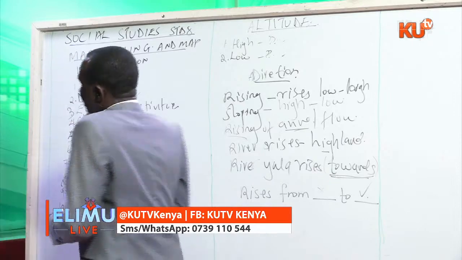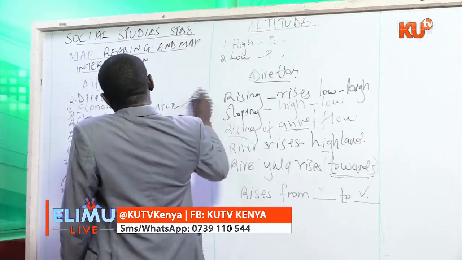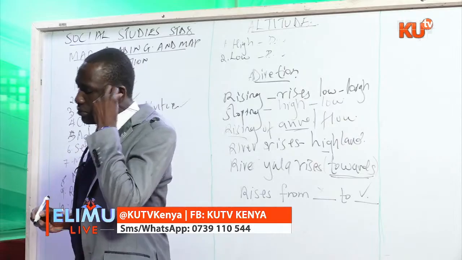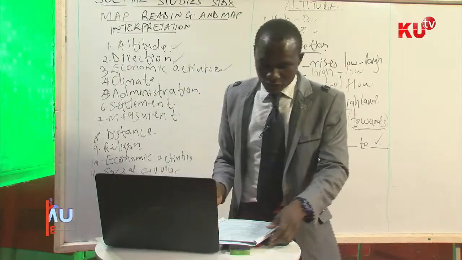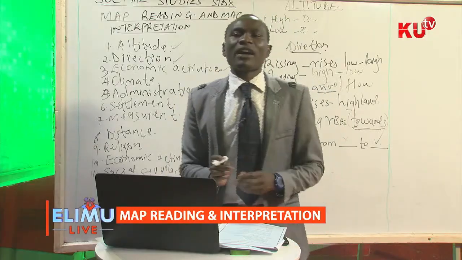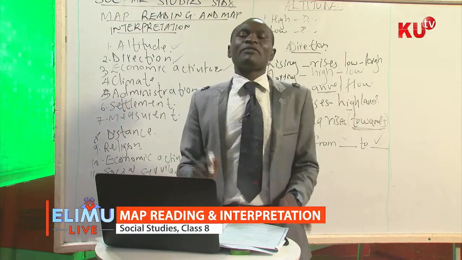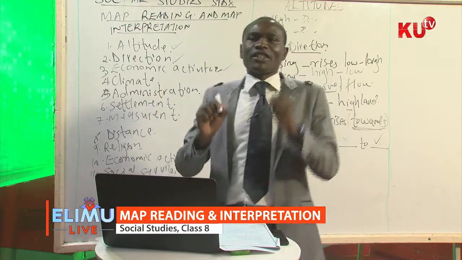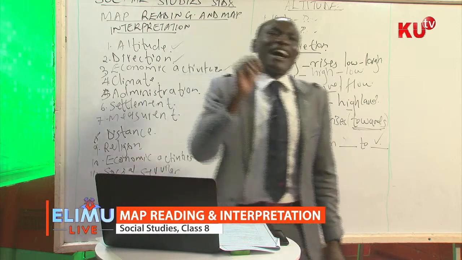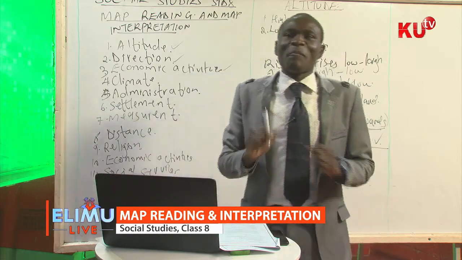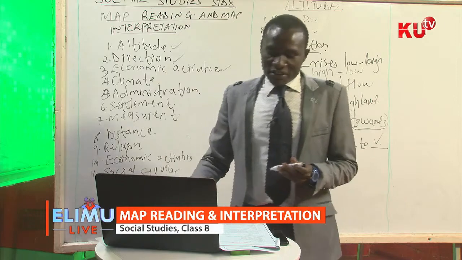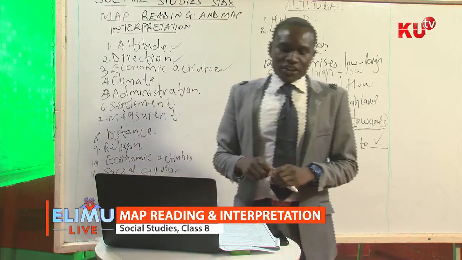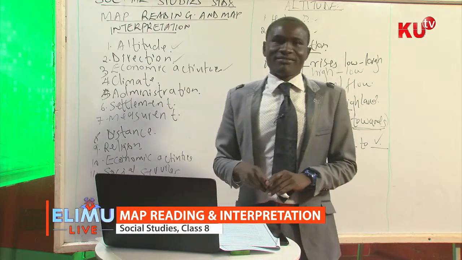Let us look at another area known as economic activities. Economic activities on map work is a question that has been coming frequently in KCPE. We'll be looking at what some of these economic activities are and what the indicators are on map work. Some of these economic activities include crop farming.